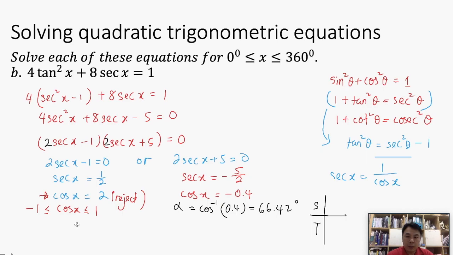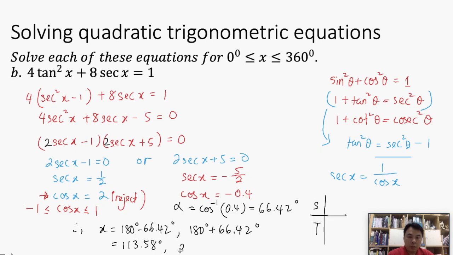Then I can finalize my solutions as, in this case, 180 degrees minus 66.42, and then the other one will be 180 degrees plus 66.42 degrees. Then that would give me 113.58 degrees.